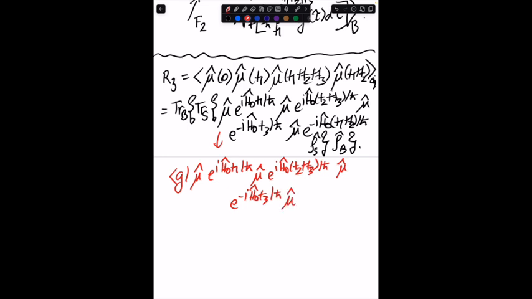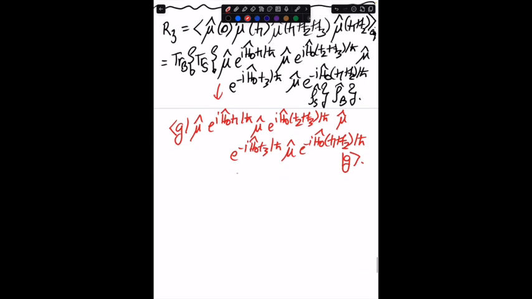Then you have your final dipole operator and then a time propagator with respect to the matter Hamiltonian over t1 plus t2 acting on g. And then you work the math out where you have your four dipole operators which act on the ground state and project it to the excited state and vice versa.